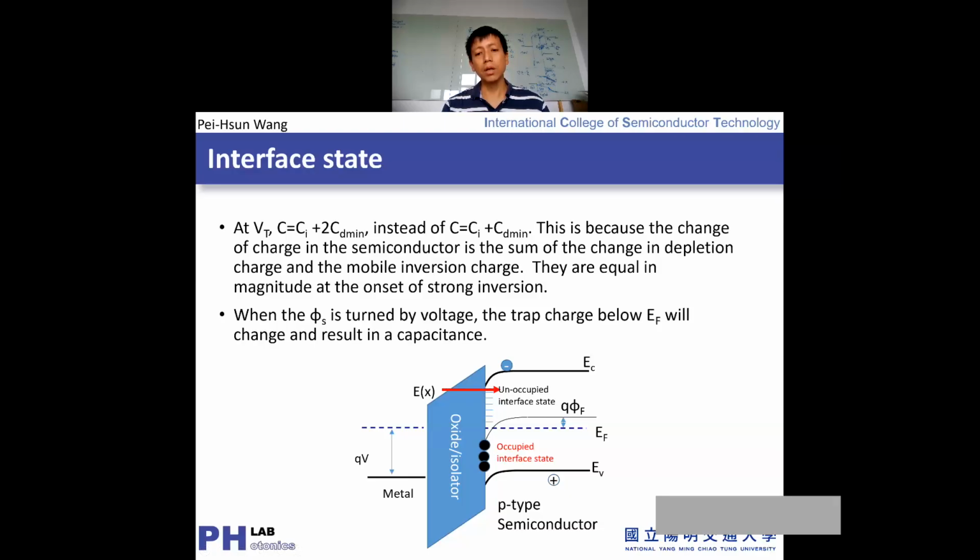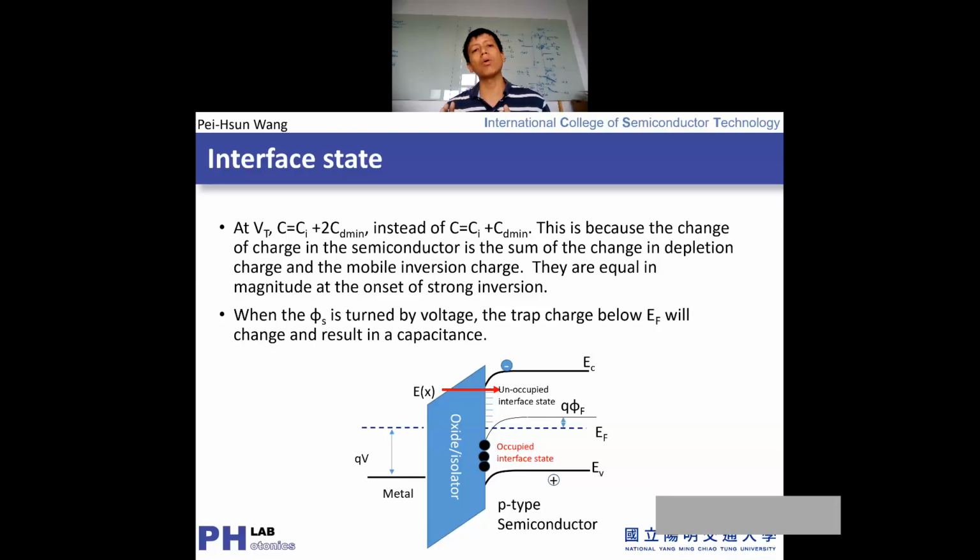We have the carrier modulation here, and we have the defect modulation below the Fermi level. So the Fermi level gives a certain occupation and forms the capacitance. This is some unwanted factor. I don't want to talk in detail further, but you should think that we need to consider it.